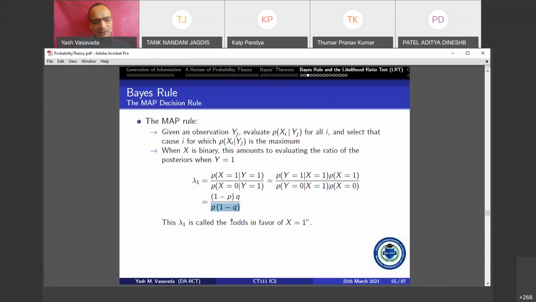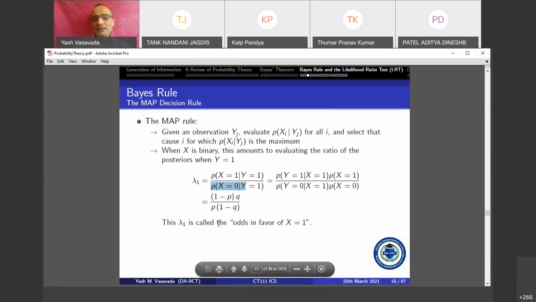Even non-mathematicians, even people who are not familiar with probability theory or estimation theory, they actually use something like this. And they call this odds in favor of x is equal to 1. X is equal to 1 is the case that we are comparing against x equal to 0. And this ratio tells us what is the likelihood of x is equal to 1 versus x is equal to 0.